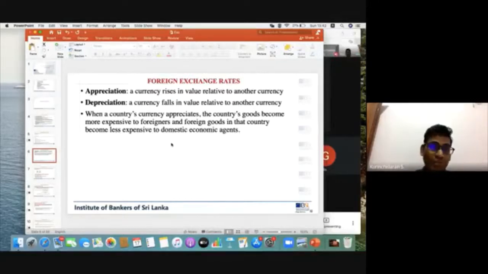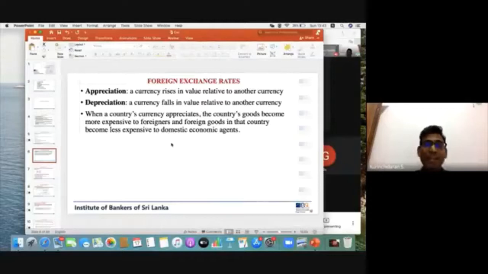So to buy 200 rupees worth of goods, they now have to pay maybe $1.30. They have to pay more than $1. So now local goods are very expensive for them.